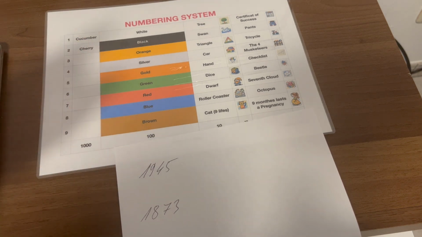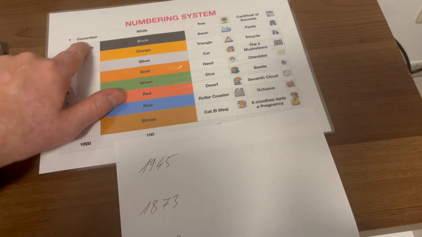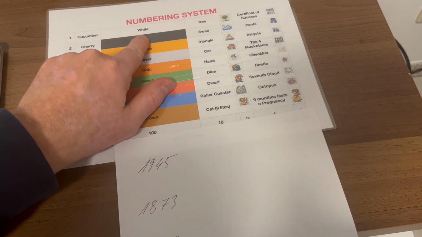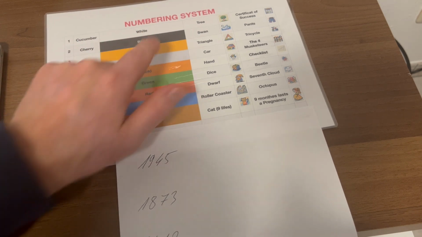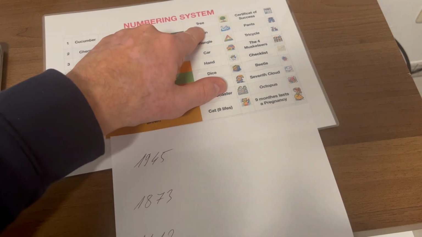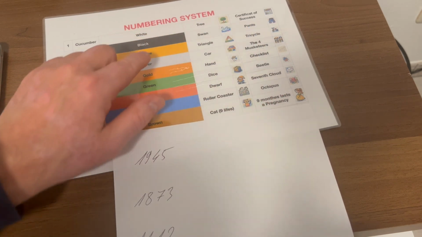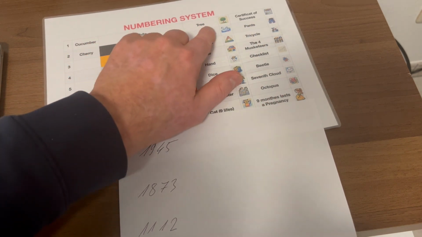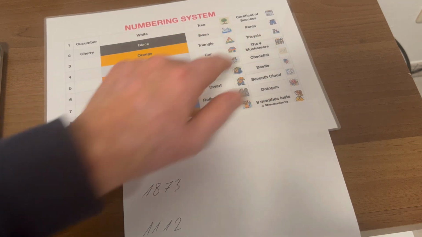1112. Okay, it's more really history. 1100. So we have a cucumber. One is white, a white cucumber, and also there's a 3 and 2. And the white cucumber, you find it on a tree, and the tree has pens in.